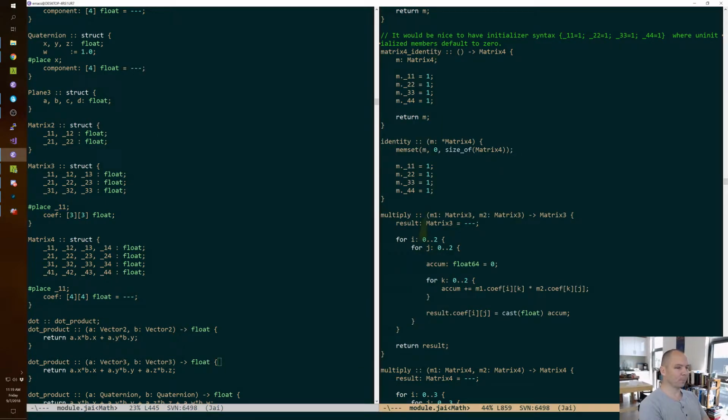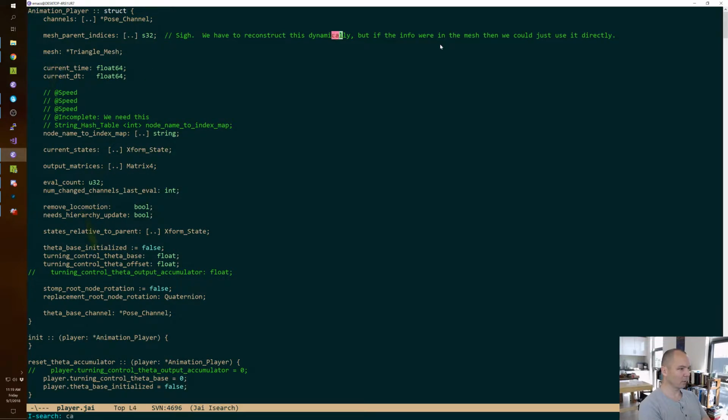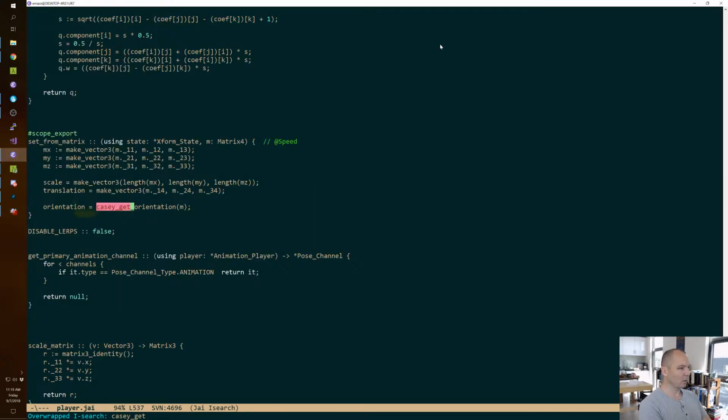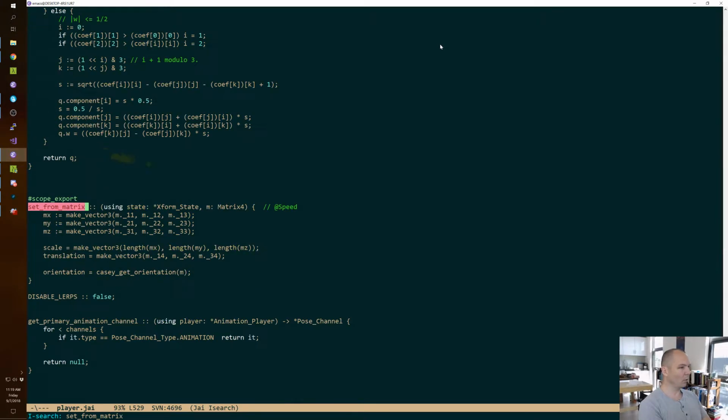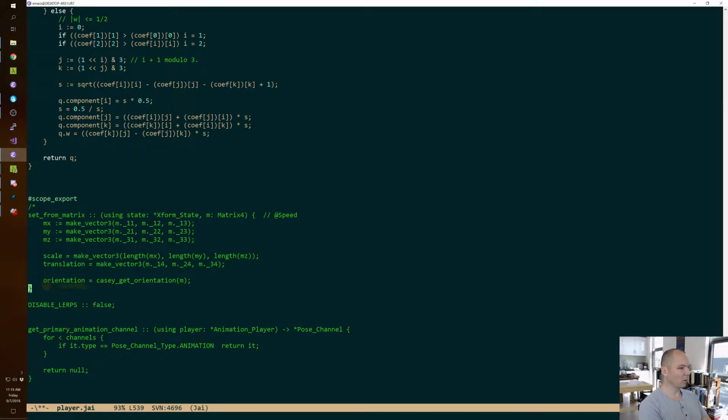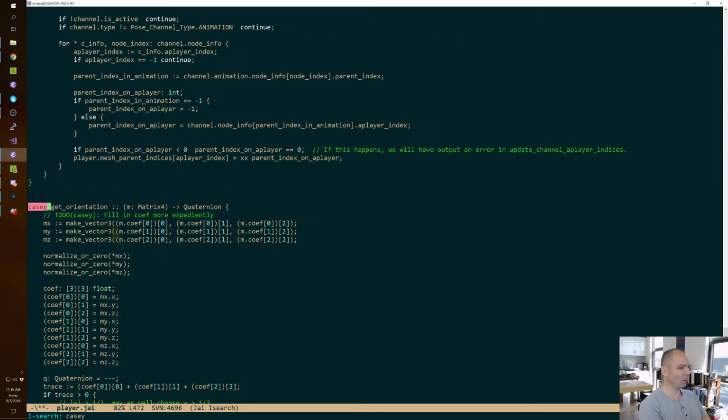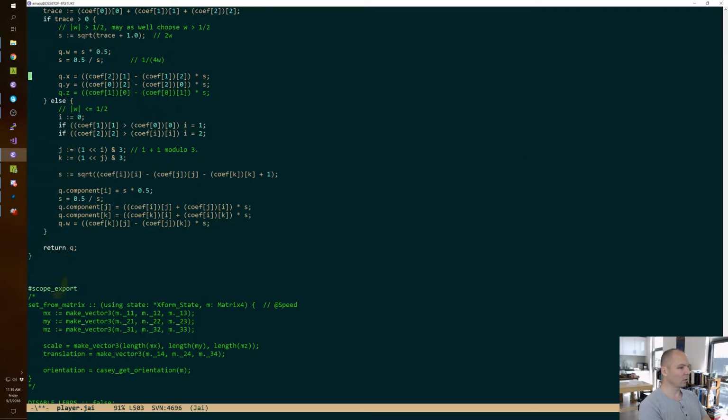Oh, before we check it in, we don't use set from matrix anymore, I don't think, which means we don't need case you get orientation, right? Which means all this stuff.